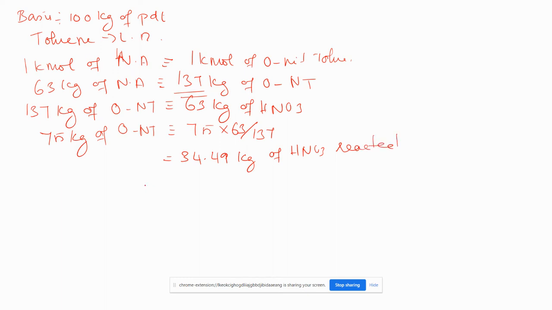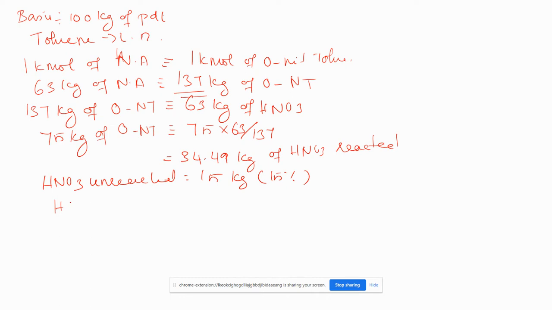Now we have to find the nitric acid unreacted, because the percentage excess formula is: nitric acid in charge minus nitric acid reacted, divided by nitric acid reacted, into 100. In the problem, they have given HNO3 unreacted as 15 percent, so it will be 15 kgs.